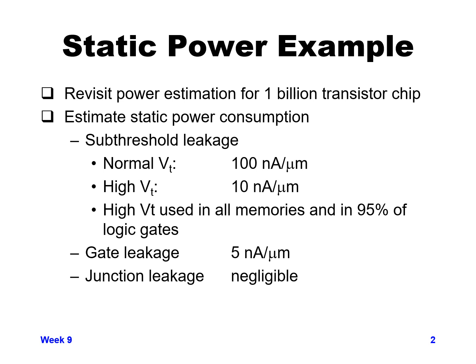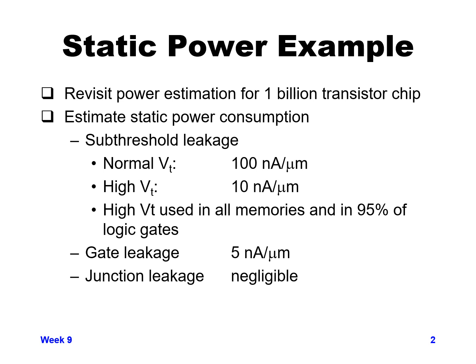So we're going to use the high VT in all of the memories because we have so many memory gates, and in 95% of the logic gates. So only 5% of our logic gates are in the critical path that need to be the fastest, and the other 95% are able to use the high VT device.